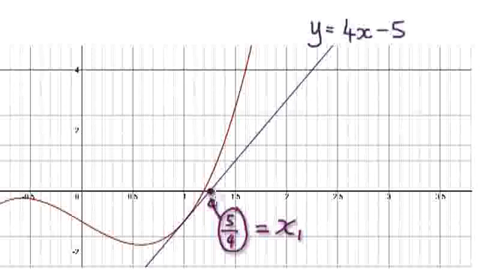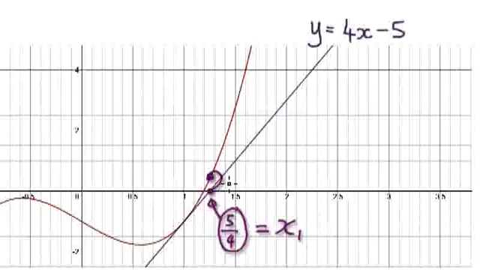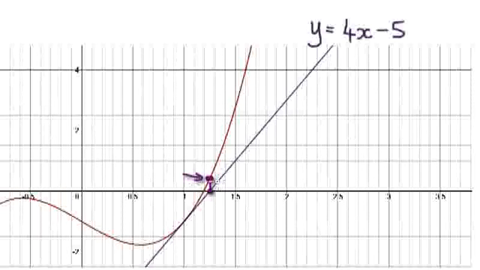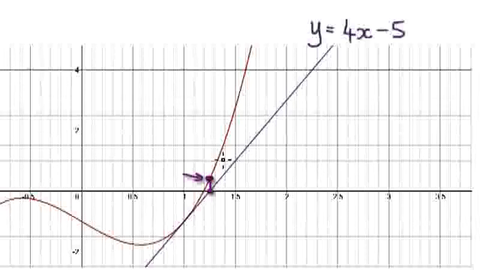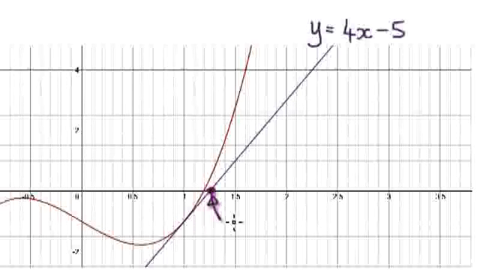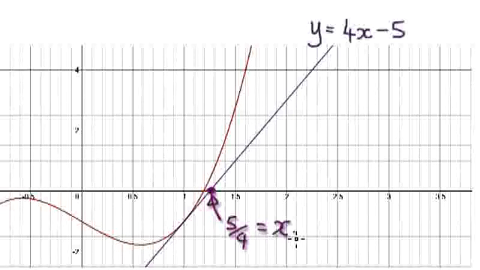You put it into the original function, and that jumps to here, straight up at this point. Then you would draw your tangent line right at this point, so you need the gradient at that point. This is our current stage: 5 over 4 will be our next guess. I will continue in the next video.